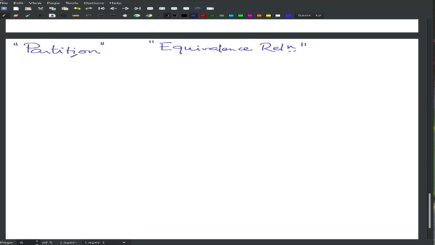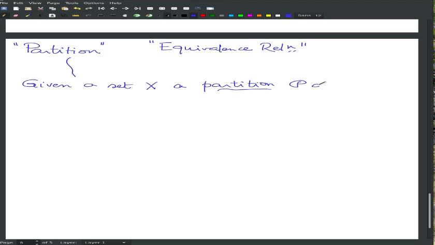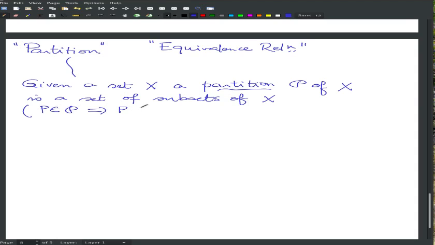Now, what is a partition? So, given a set X, a partition of X is a set of subsets of X. So that means, if I take a P from script P, then P is actually a subset of X, okay?